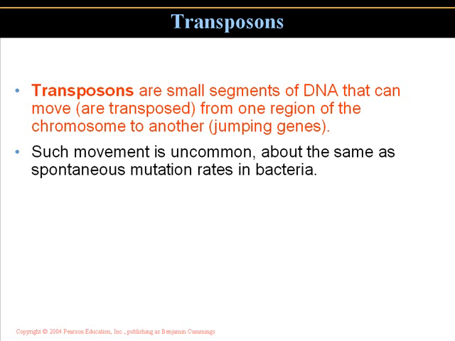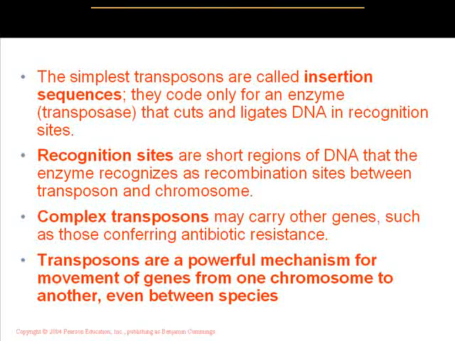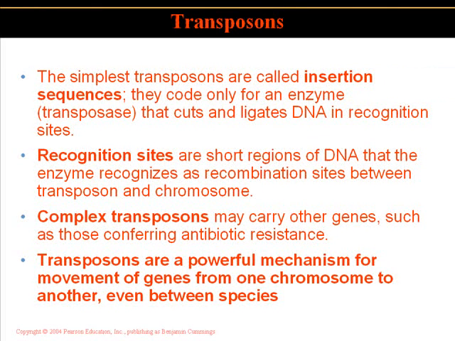This movement is relatively uncommon, but would be about the same as spontaneous mutation rates in certain bacteria. The simplest transposon is called an insertion sequence. They usually code for an enzyme, referred to as transposase.